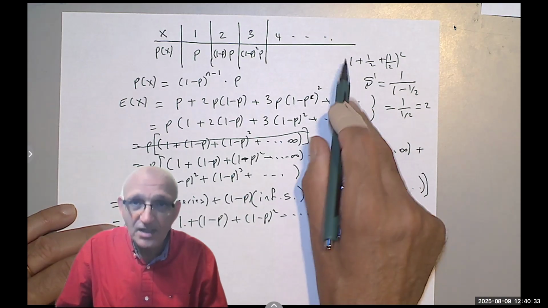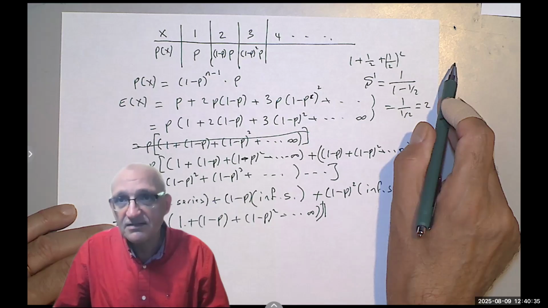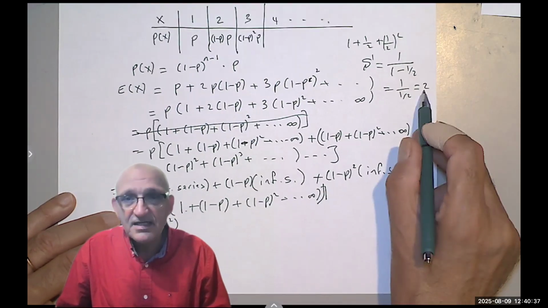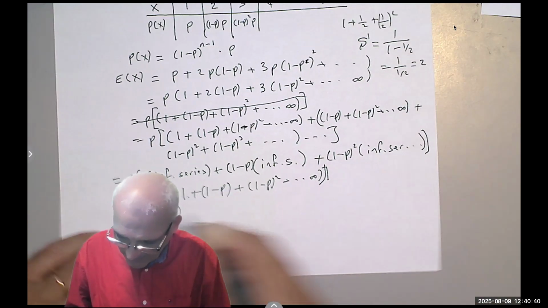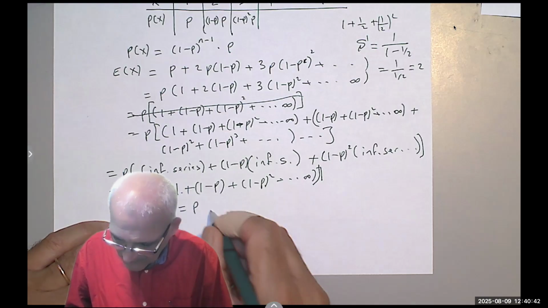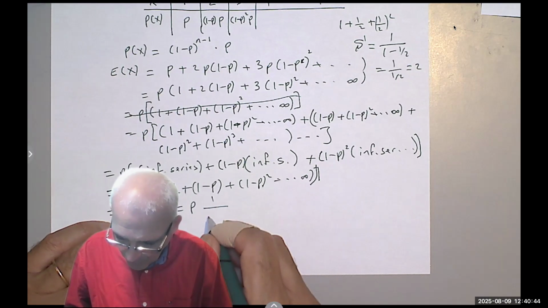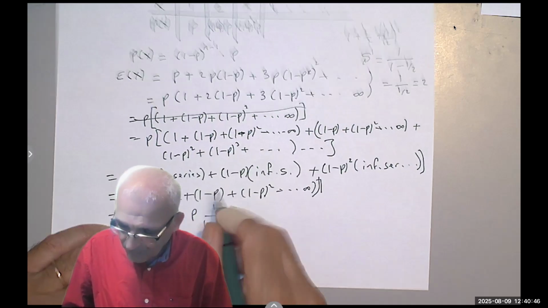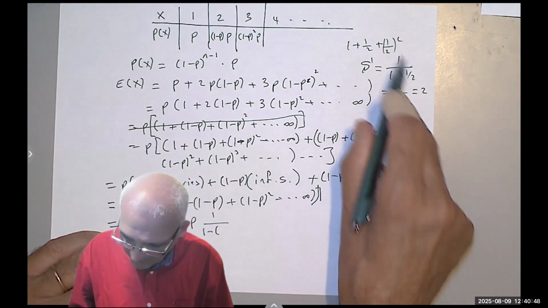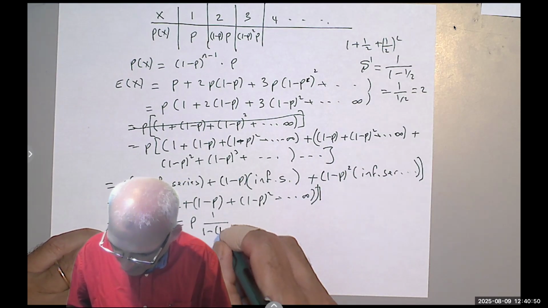Meaning if you keep add 1 and a half and a quarter and 1/8 and 1/16, in the limit you would reach 2. So that becomes P times 1 over 1 minus the product. Notice here I said 1 minus 1 half. Here I would say 1 minus P.